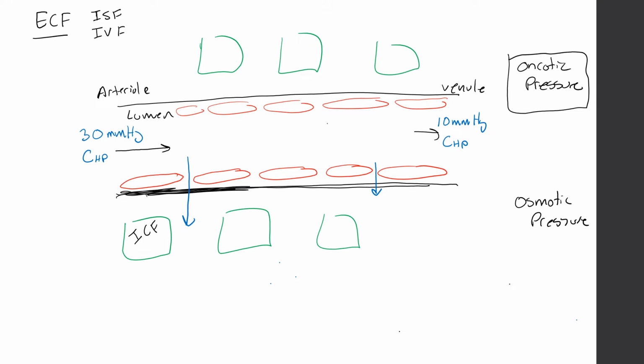Now, another pressure inside the capillary is the oncotic pressure, which I just described, which is the osmotic pressure exerted by those proteins. And so the oncotic pressure, I'm going to put an O. All right, the oncotic pressure. Oh, let me rewrite this.